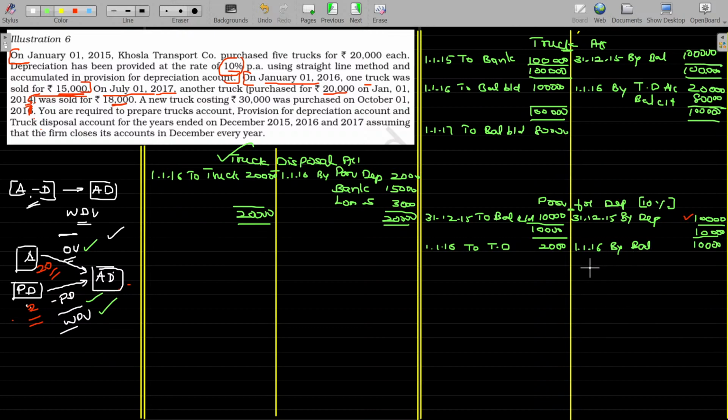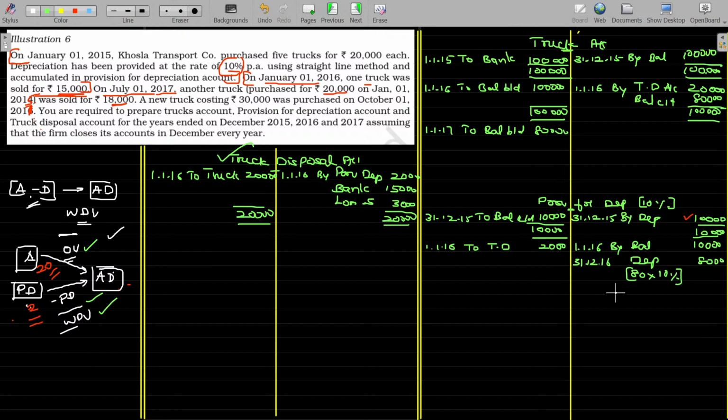And on 31/12/16 by depreciation, we have only 80,000 rupees worth of trucks, right? 4 trucks. So for that 80,000 you have to calculate 10%. The accumulated depreciation for the second year is only 8,000, as we have only 4 trucks.